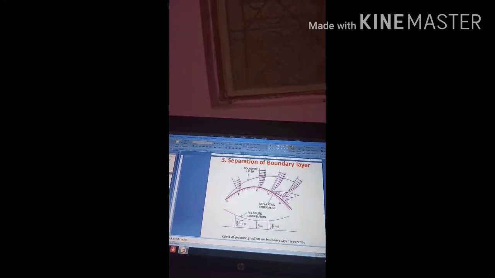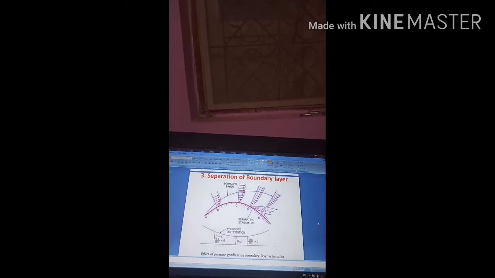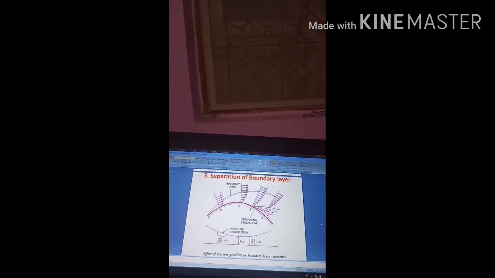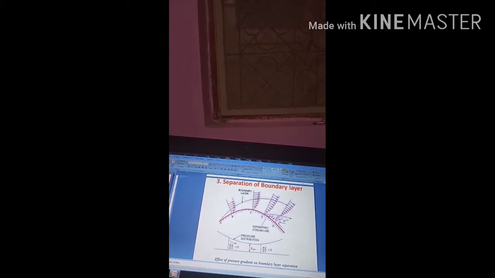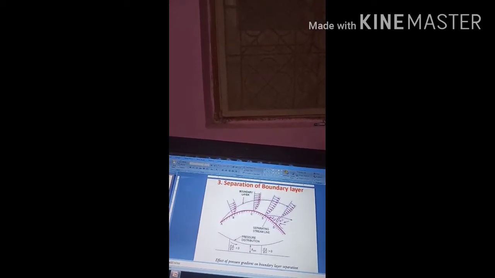But if because of change in area and change in velocity the pressure is increasing, or the pressure at the downstream side is more than the pressure at the upstream side, then there is a phenomenon called separation of the boundary layer. As you see in the figure, the point S is the last point where the boundary layer is in contact with the boundary of the solid body.